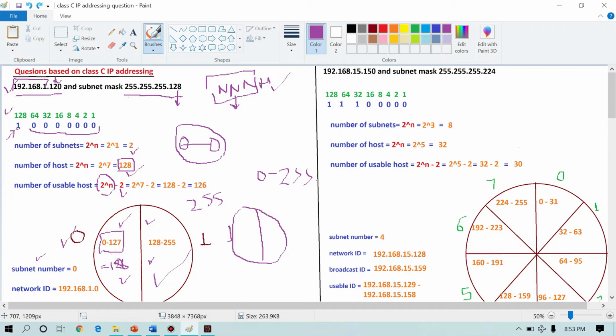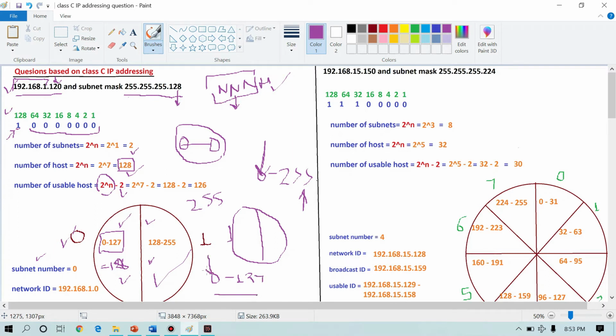Now, what is the network ID? As I told, the first address is always reserved for the network and the last address is always reserved for broadcast. So the first address of this subnet is 0, and the last address of this subnet is 127, right?